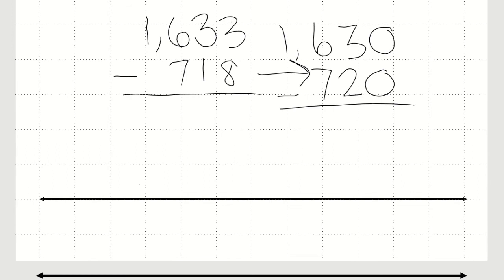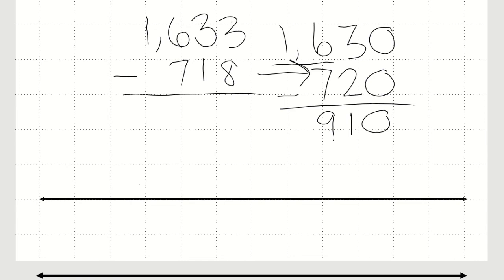So now I can say, well, 0 minus 0 is 0. 3 tens minus 2 tens leaves me with 1 ten. Okay, now I do see that I will have to regroup here, but if I widen it up to see 16, well, 16 minus 7, I know is 9. So my actual answer here should be relatively close to 910.